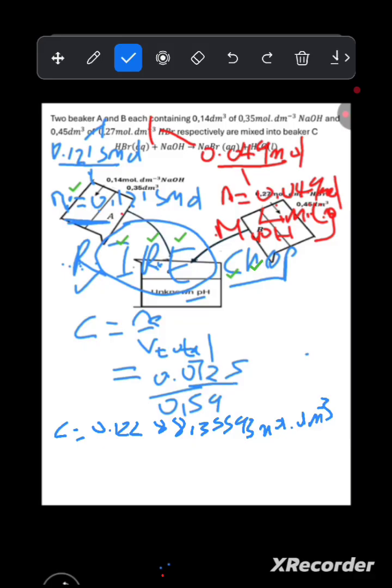You now find the ratio of HBr to hydronium ions. What is the ratio? 1:1. Meaning the concentration now will be the same. The concentration of hydronium ions there.